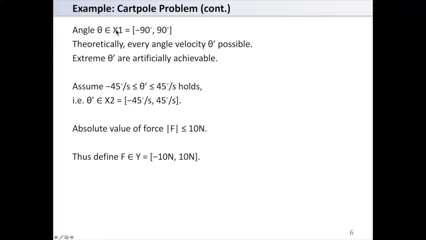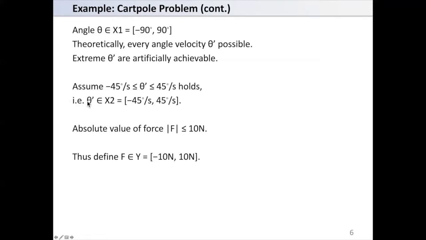Angle theta is an element of the first input space, which is the interval between -70 and +70. Theoretically, every angular velocity theta prime is possible. Extreme theta prime are only artificially achievable. We assume that the speed of theta, that is the derivative of theta, is between -45 degrees per second and +45 degrees per second.